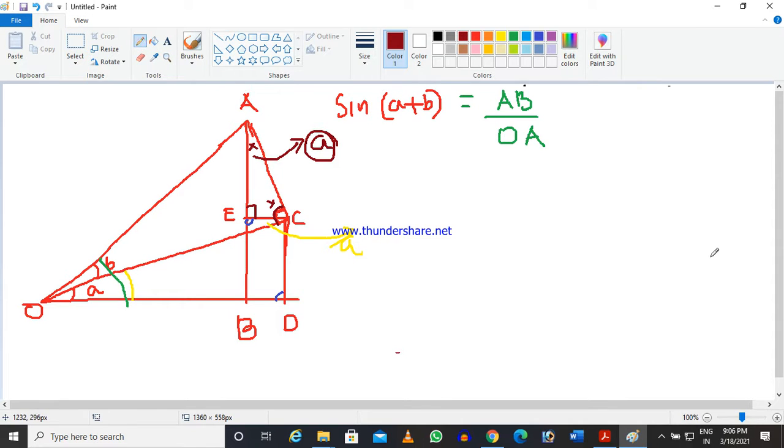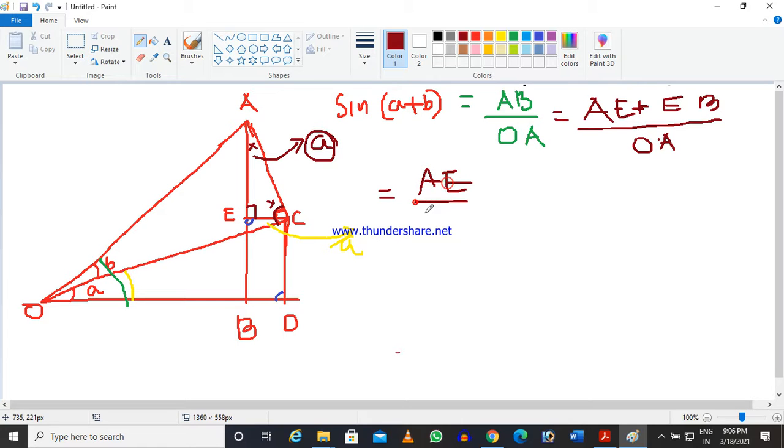So now sin(A+B) is AB by OA. I can write AB as AE plus EB, all by OA. Then I can write it as AE by OA plus EB by OA.